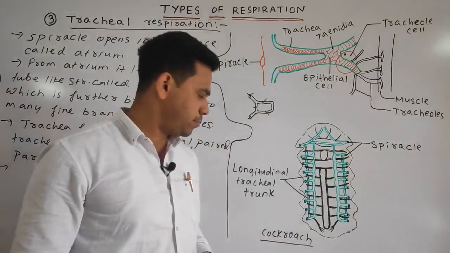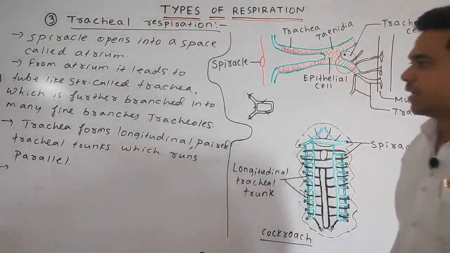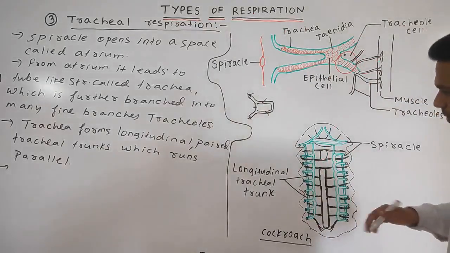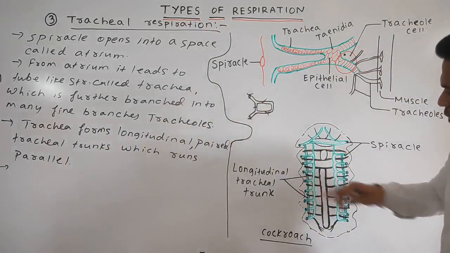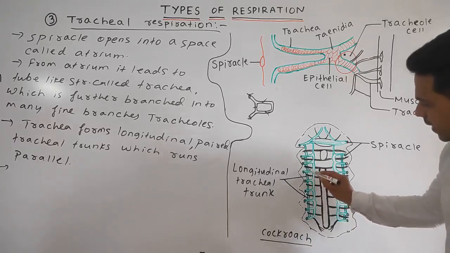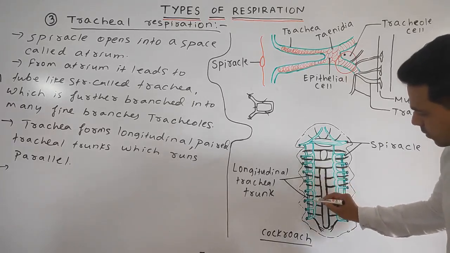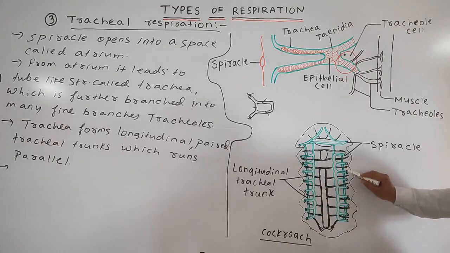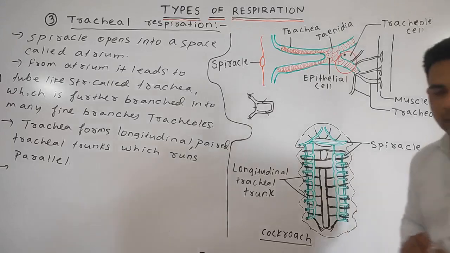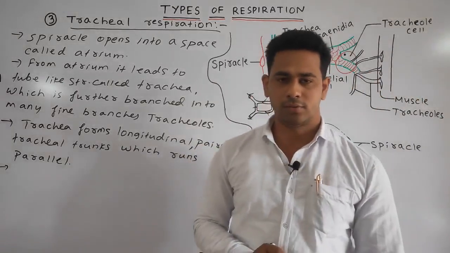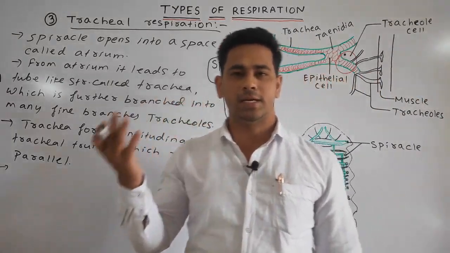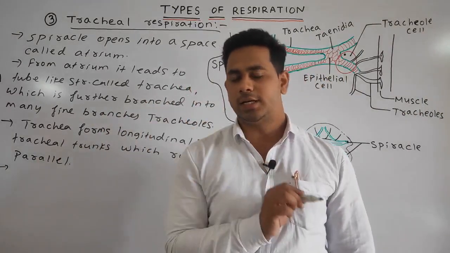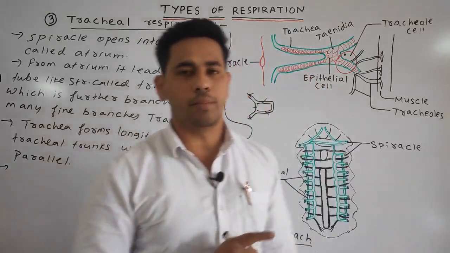So the next point we have to write. You have seen clearly, students, do not confuse: these are your various tracheal trunks. These tracheal trunks can be present dorsal, ventral and lateral, and are interconnected by the transverse commissure.